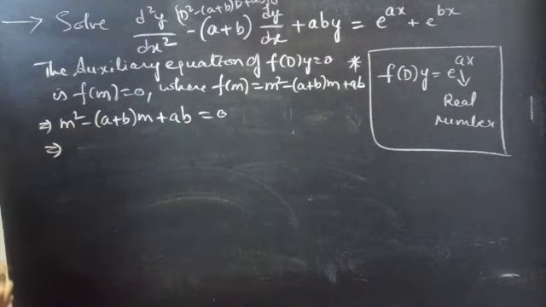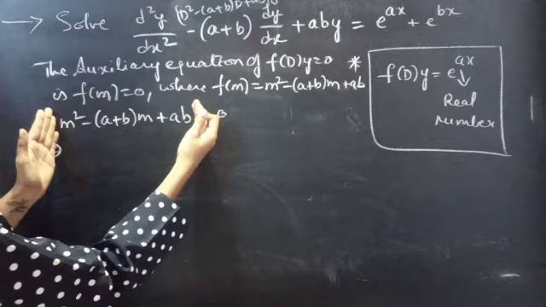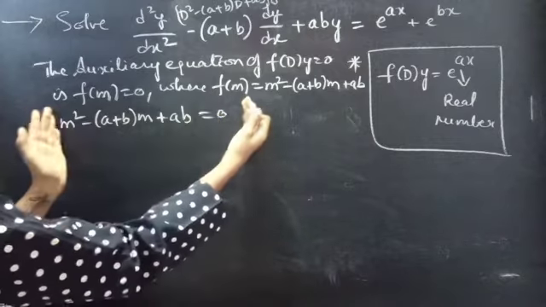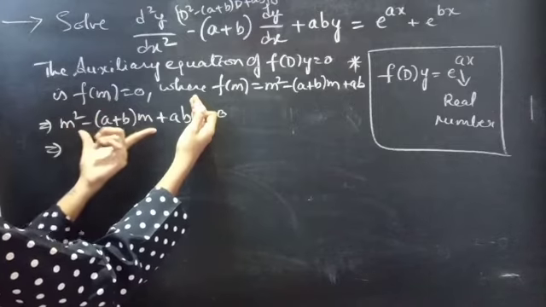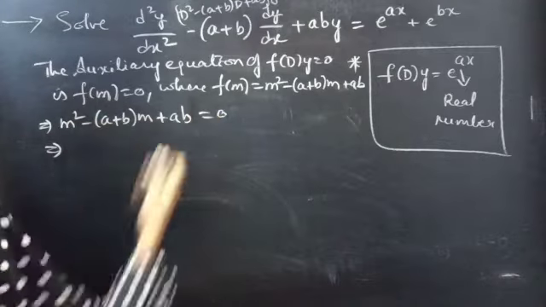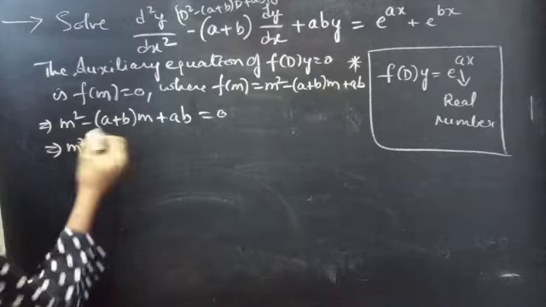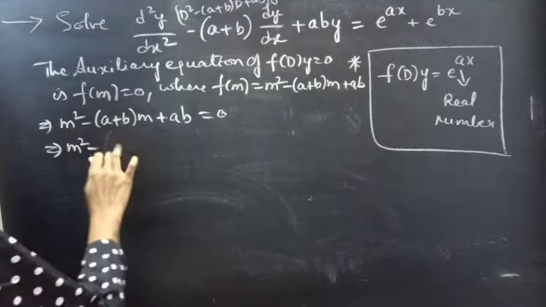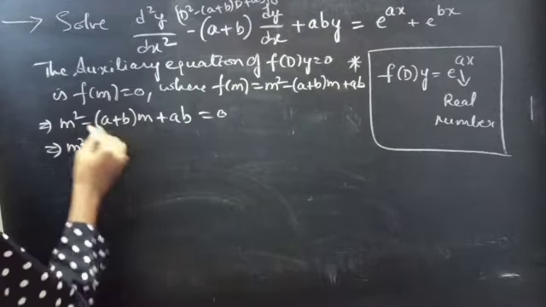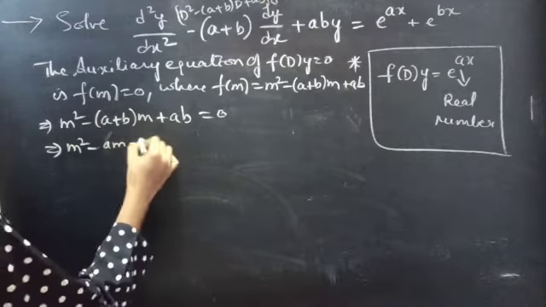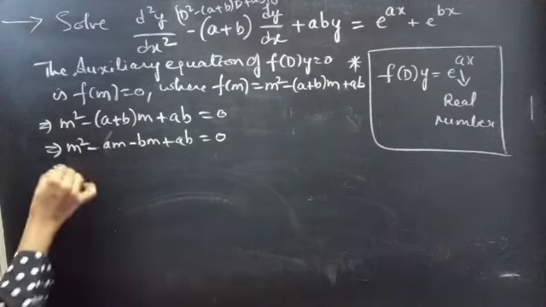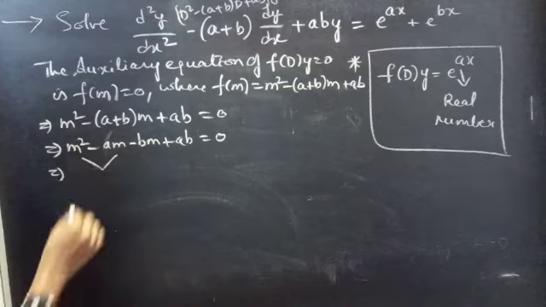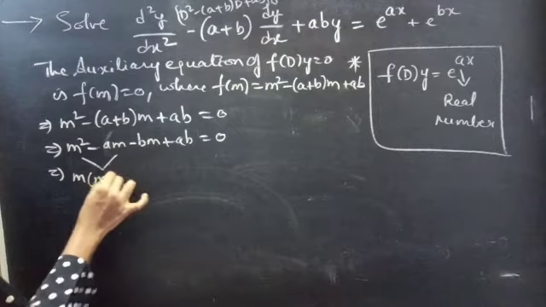Now we need to find roots of this auxiliary equation, or you can find factors of this polynomial. I'm not talking about the equation, I'm just talking about the polynomial. Now you'll get m square minus am minus bm plus ab equals 0. Take m common from the first two terms: m times (m minus a).